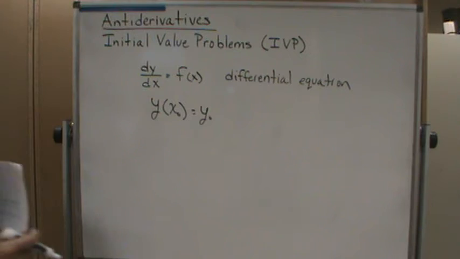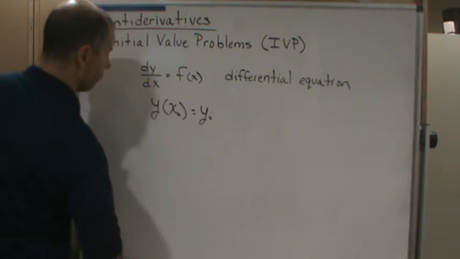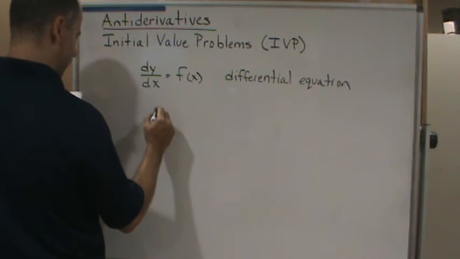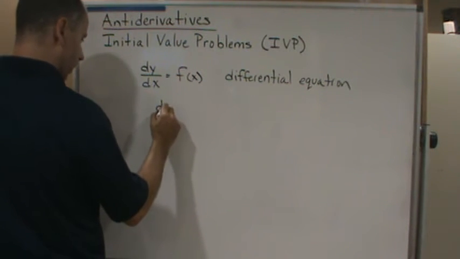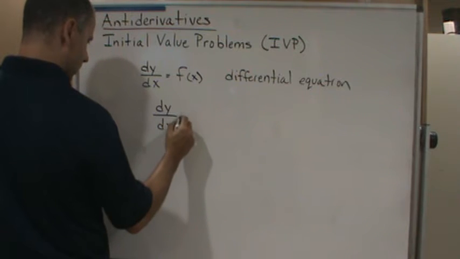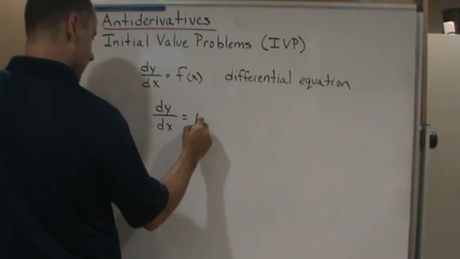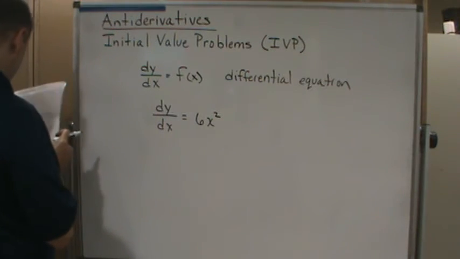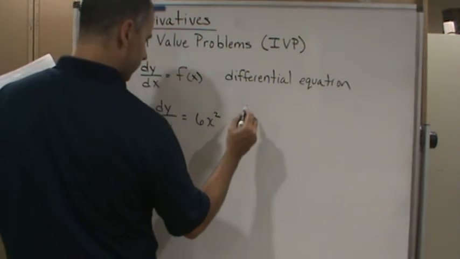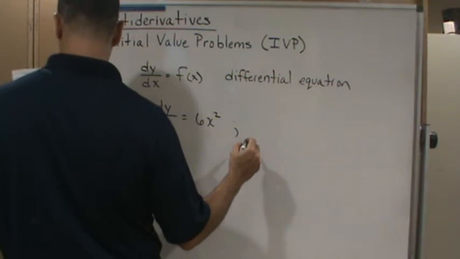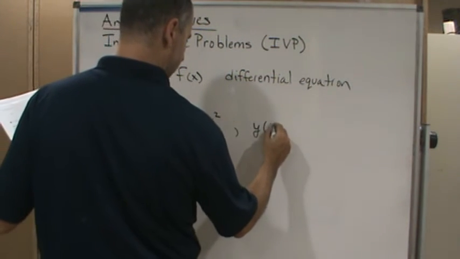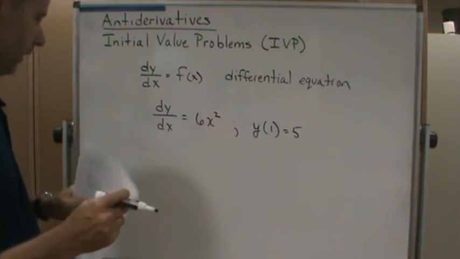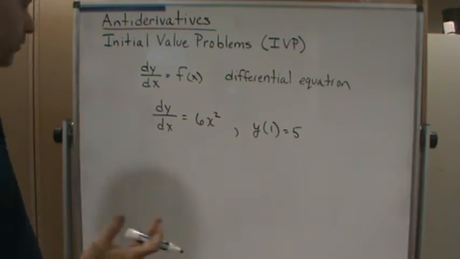So for example, if we go back to the example I just did, we have dy dx is equal to 6x squared, and let's say we are given the initial condition y of 1 equals 5. Okay, so now, this is an example of an initial value problem.